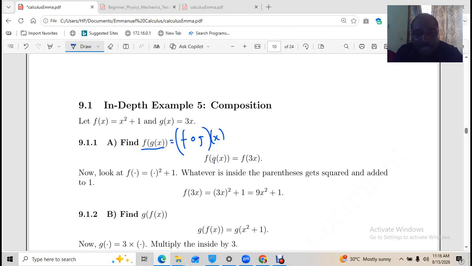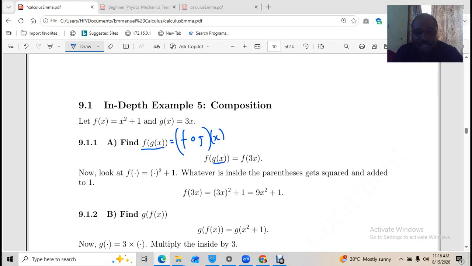Anywhere I see x in my f of x, I just substitute g of x. And what is g of x? g of x is 3x. So it becomes f of 3x, because 3x is representing g of x. All I need to do is to evaluate.